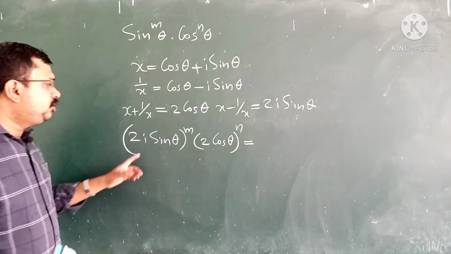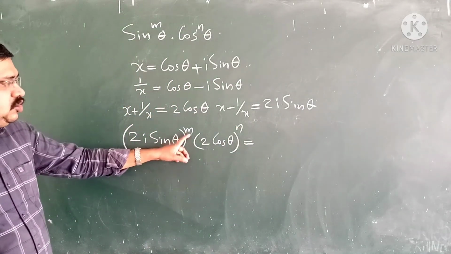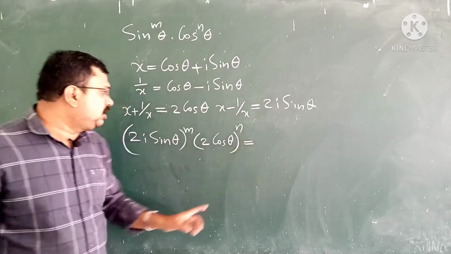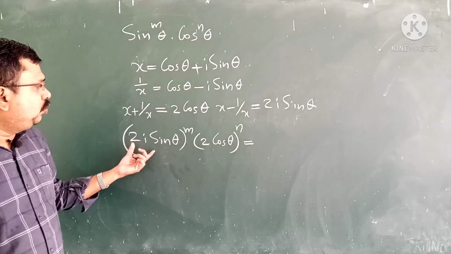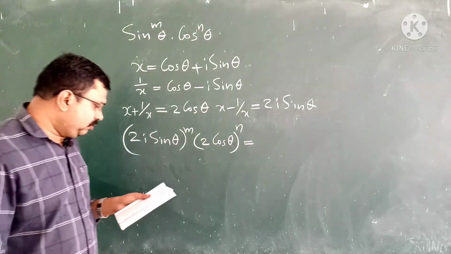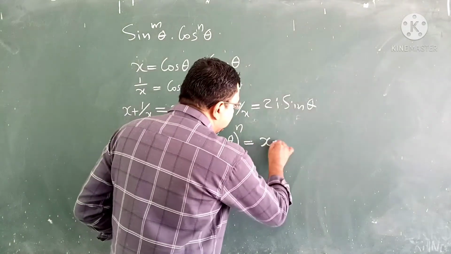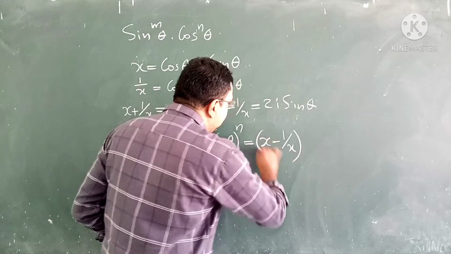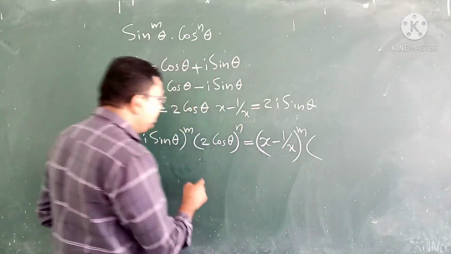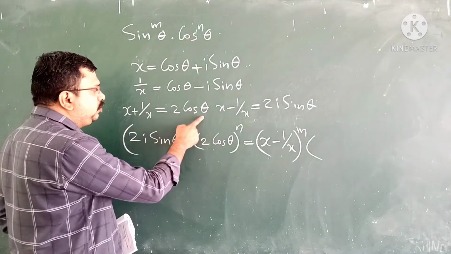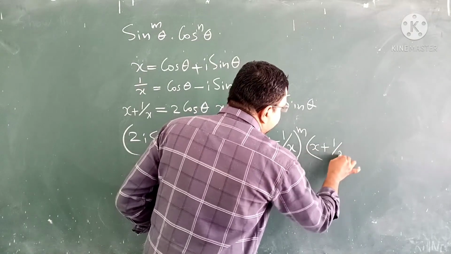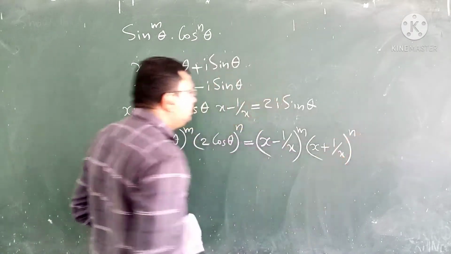We know that 2i sin theta is x minus 1 by x. Therefore, this will become x minus 1 by x the whole raised to m into, next one is 2 cos theta. We know that 2 cos theta is x plus 1 by x the whole raised to n.